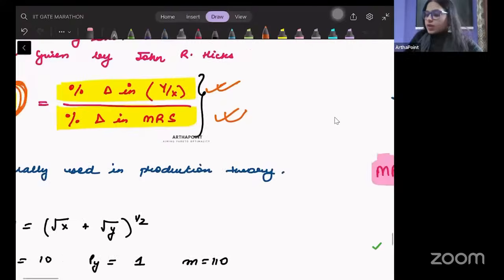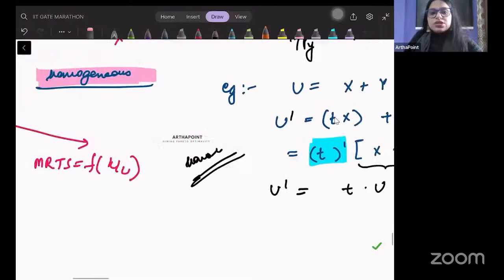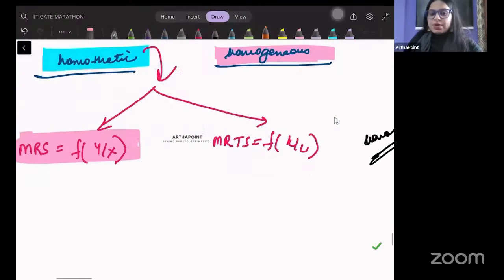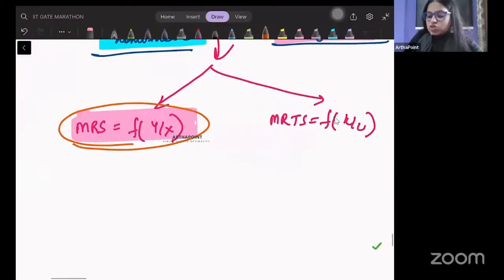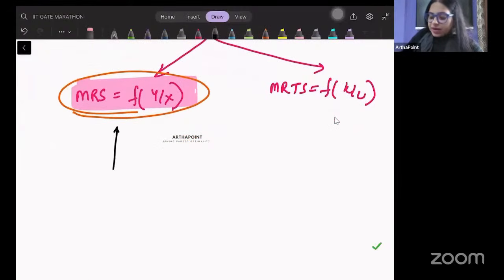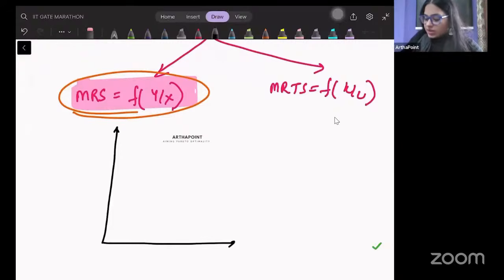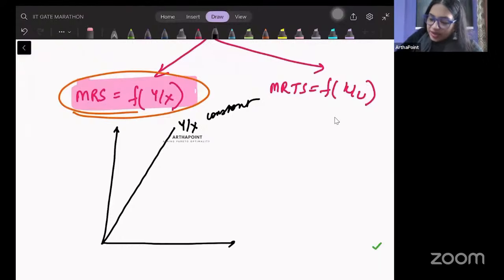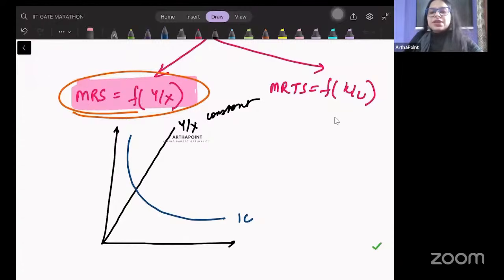Another thing, if I talk about this homothetic function, we said that its slope has to be a function of y by x. What does it mean diagrammatically? It means that if I pass a ray through the origin, I am holding y by x constant. And I tell you, look, this is my indifference curve, I made one IC.